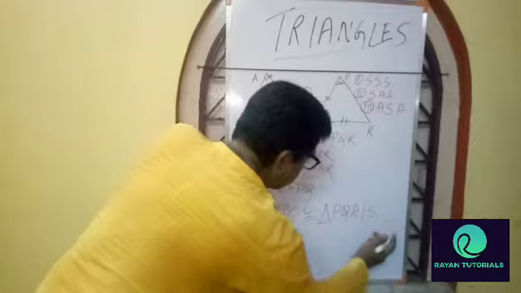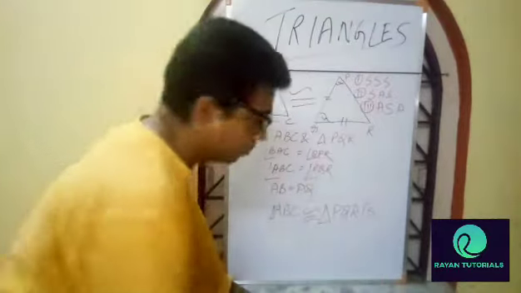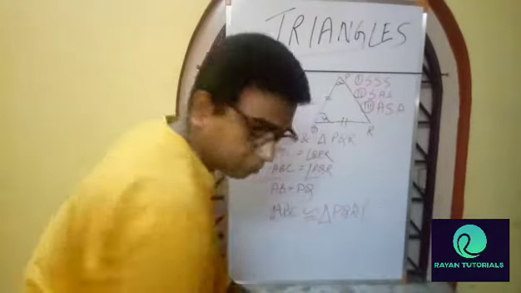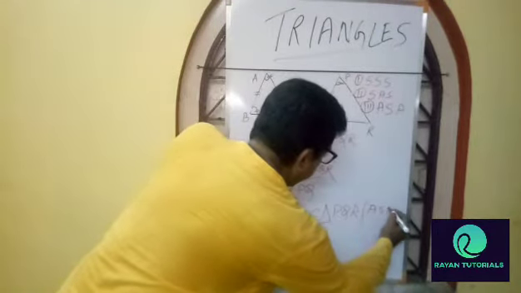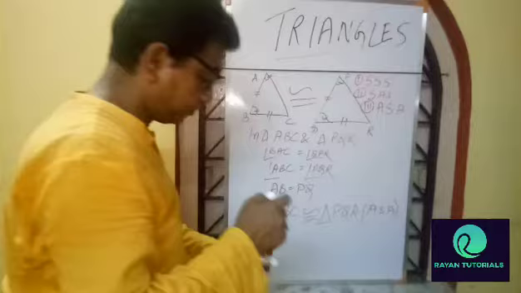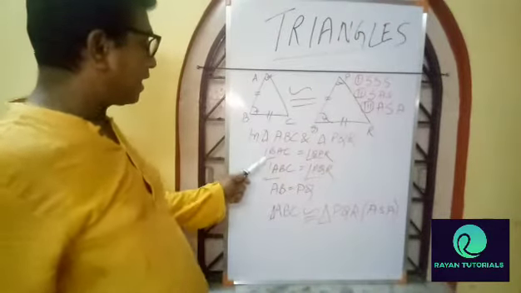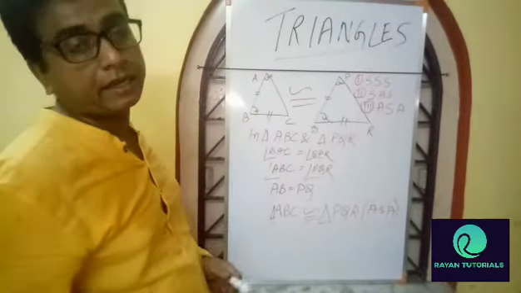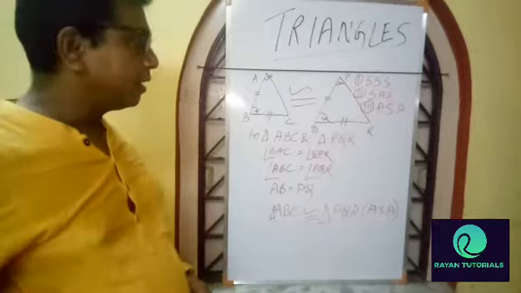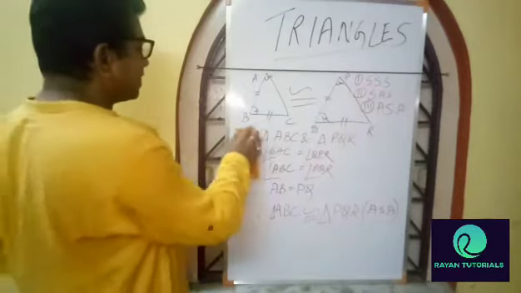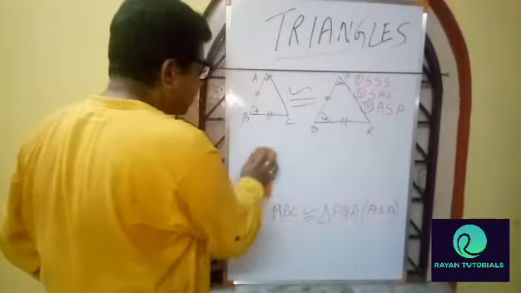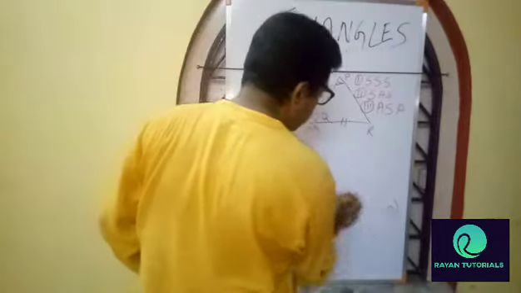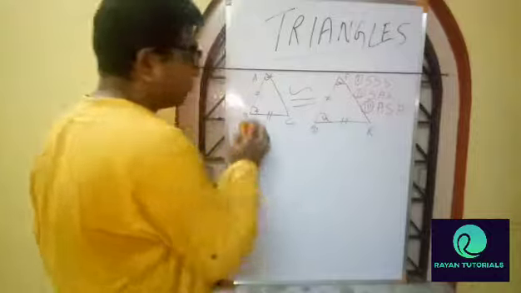Why? ASA. Angle, side, angle. Clear? So we got SSS, we got SAS, we got ASA.